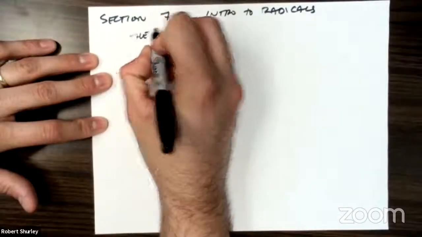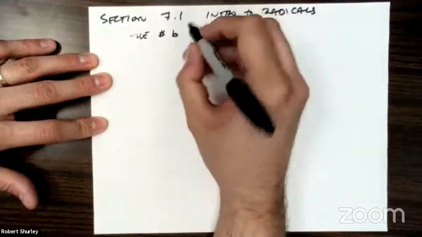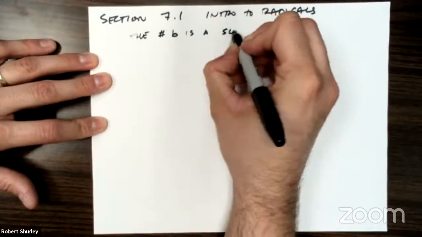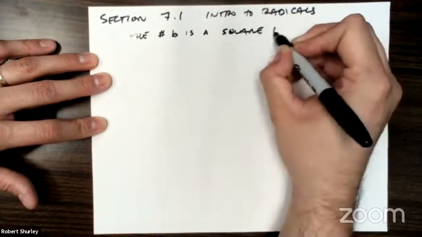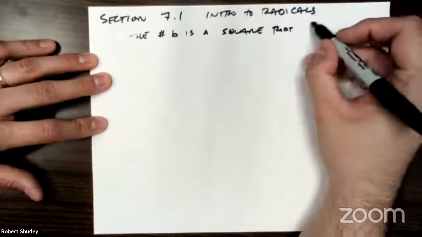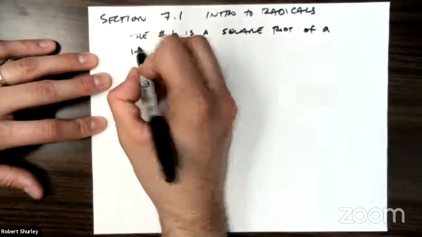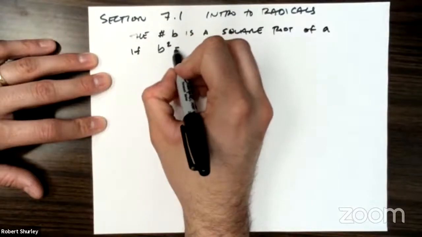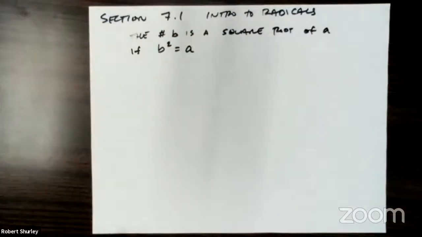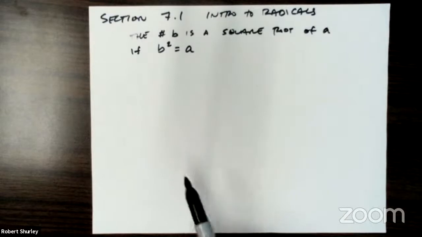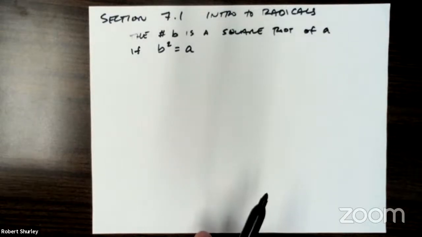It says the number b is a square root of a if b squared equals a. So b is a square root of a if b squared equals a, right?